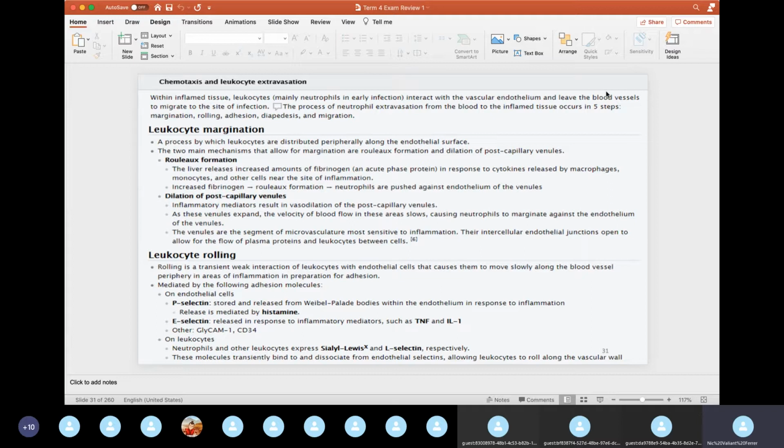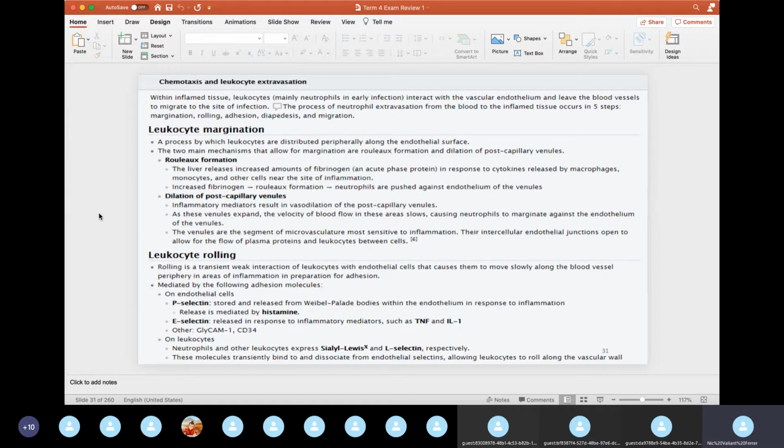So the leukocytes interact with your endothelium. They leave the blood vessels to migrate to the site of infection. It occurs in 5 steps: margination, rolling, adhesion, diapedesis, and migration. High yield, let's talk about each one of them.